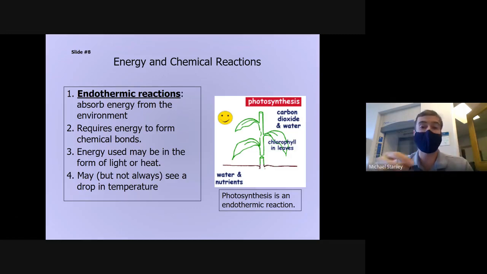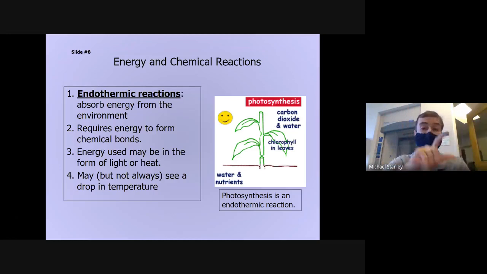We start off with our reactants. They react together and combine their atoms in different ways to form our products. But the reactants and the products are still made out of the same general types of atoms. With photosynthesis, we have C, H, and O on the reactant side and C, H, and O on the product side. So we can't get rid of these atoms.